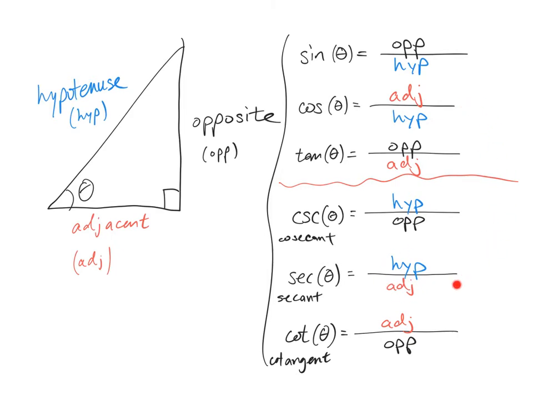Those trigonometric functions are reciprocals of each other. And tangent and cotangent are also reciprocals of each other. Here's opposite over adjacent, down here adjacent over opposite. And this leads us over into the reciprocal identities.